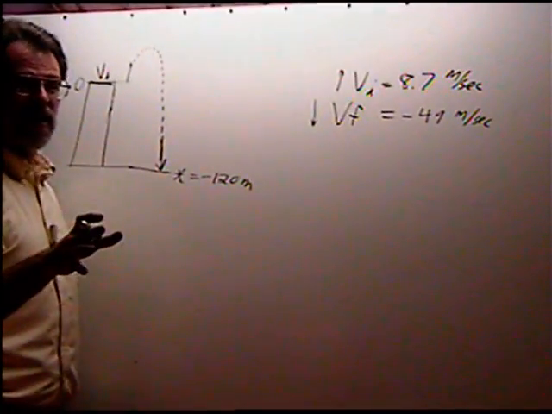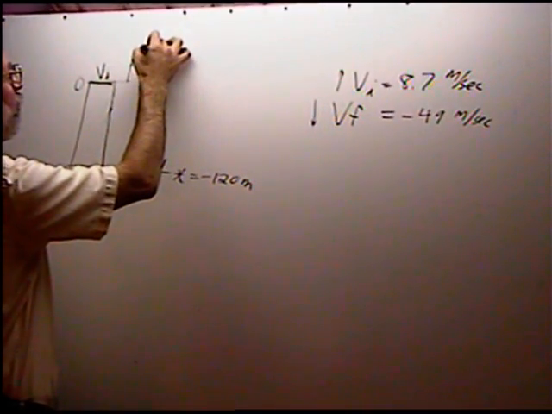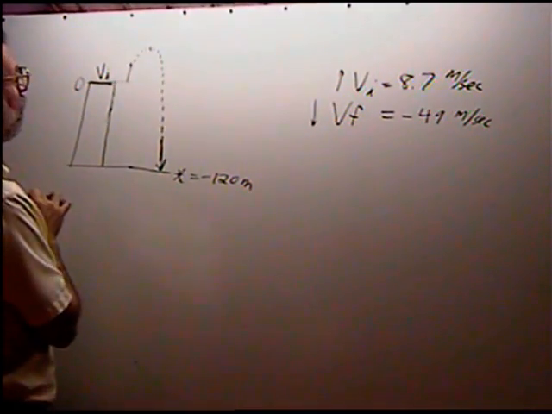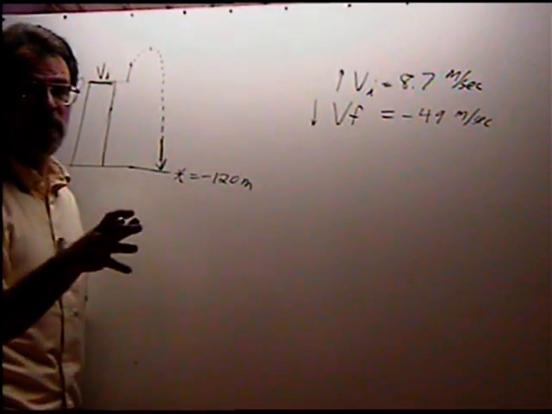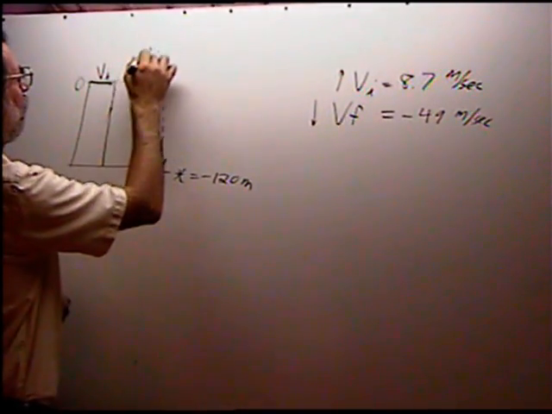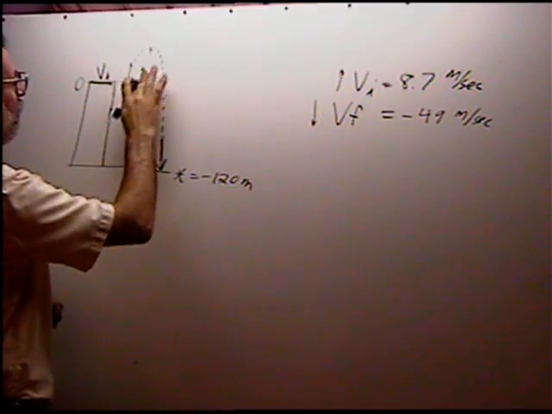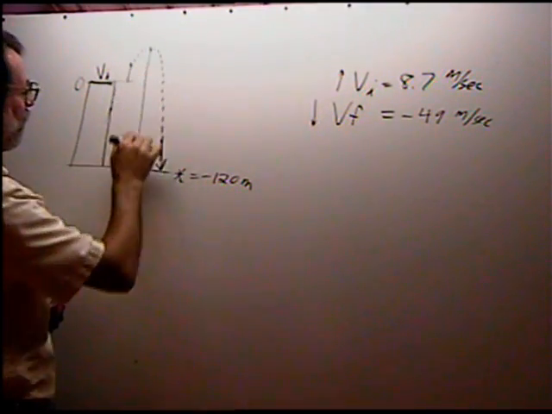Okay. Now let's explore the time part of this. We haven't done that so far, but notice at this point in time, right at the peak here, we can actually break this problem up into two parts. We can break it up from a time point of view.